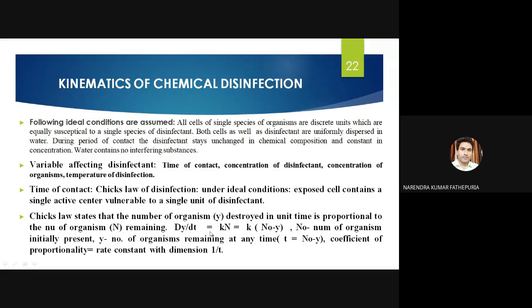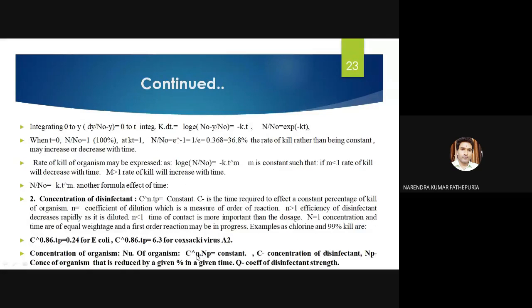In differential form, you can write dy by dt is equal to k into N, where N is equal to N naught minus Y. N naught is the number of organisms initially present, and Y is the number of organisms destroyed at any time t. The coefficient of proportionality k is the rate constant with dimensions 1 upon t.